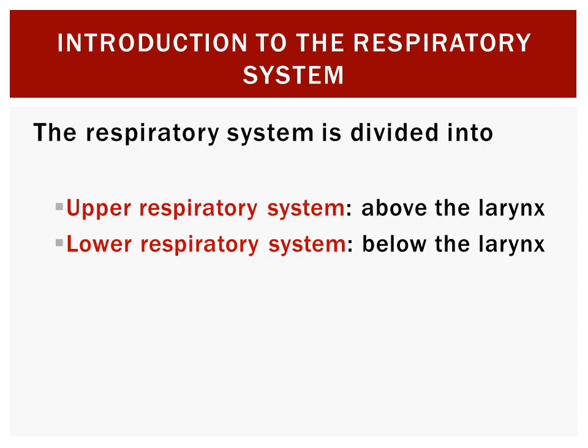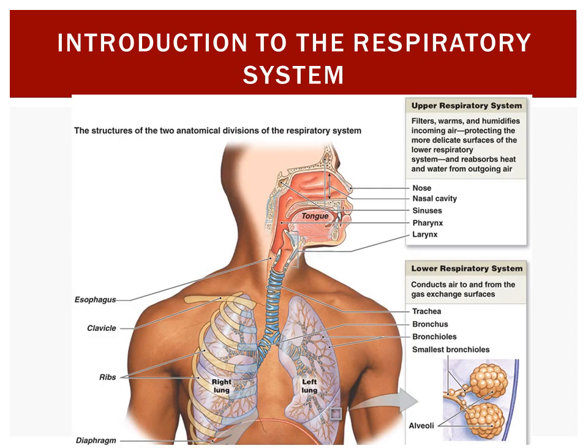Meanwhile, structures that are below the larynx are known as the lower respiratory system. Here is the division of the upper and lower respiratory system in a diagram. Okay? So, I will start first with the upper respiratory system.